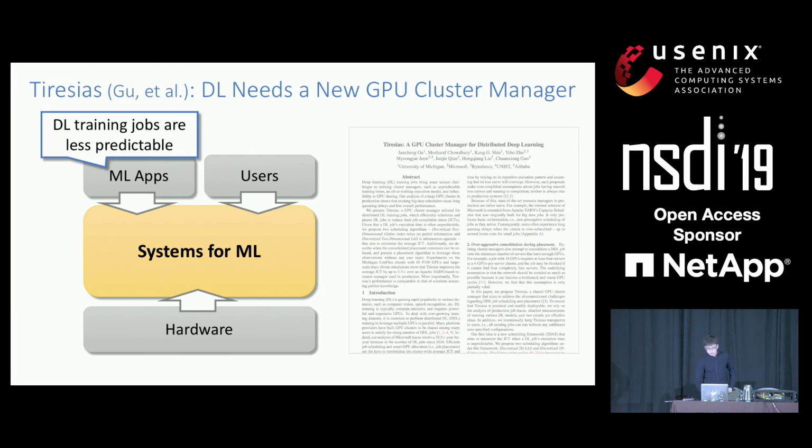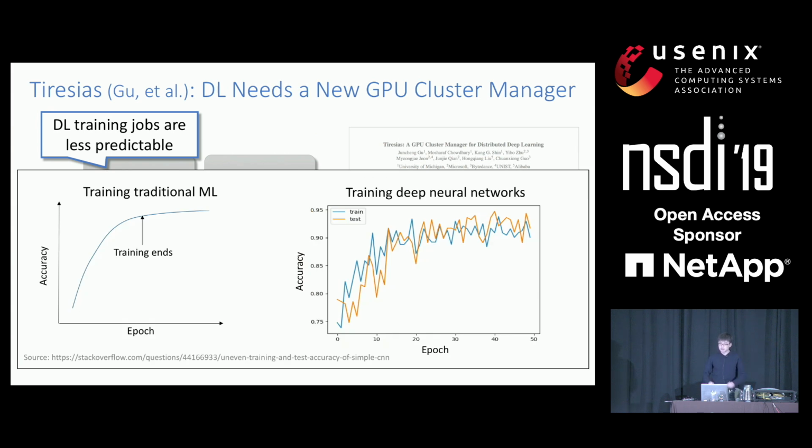Well, the conventional wisdom for job scheduling is that you have some sense of the resource demand of a training job. But the problem with deep learning is that training a deep learning model will never converge as smoothly or monotonically as training a traditional ML model. So it's very hard to predict the time.